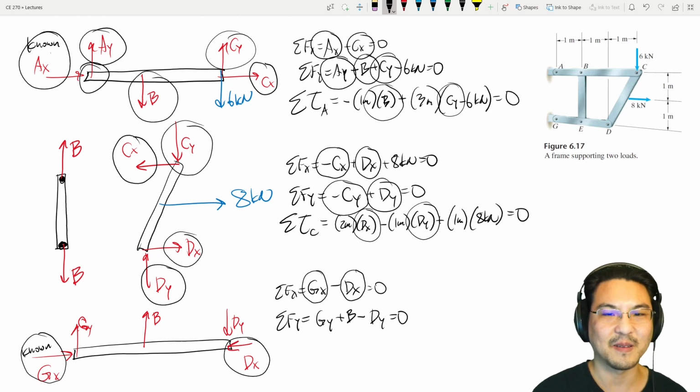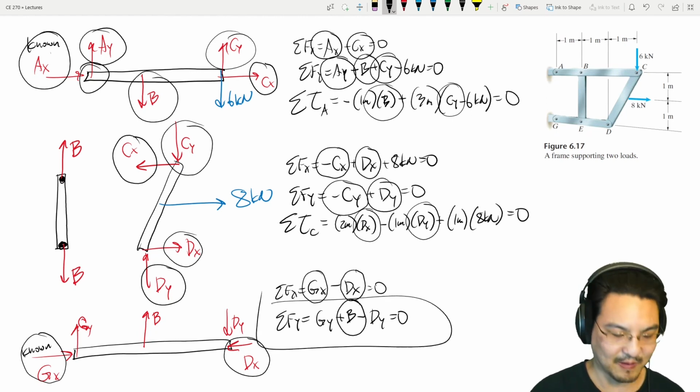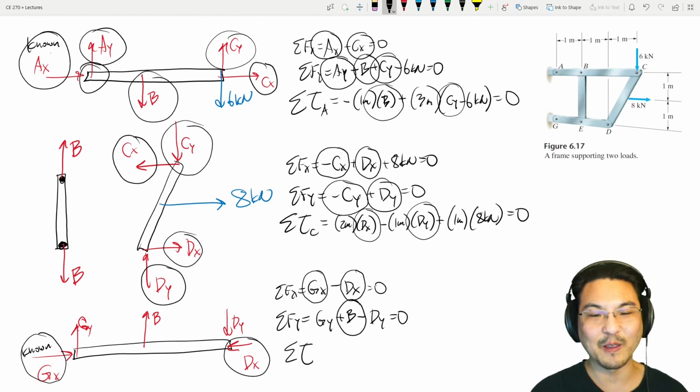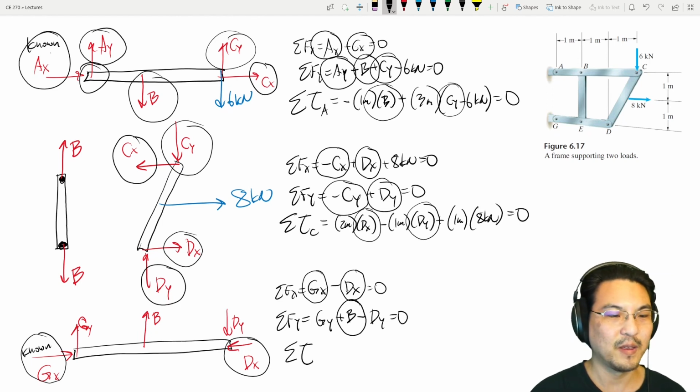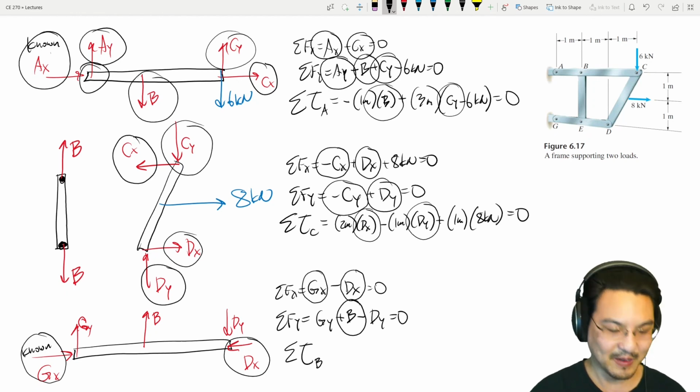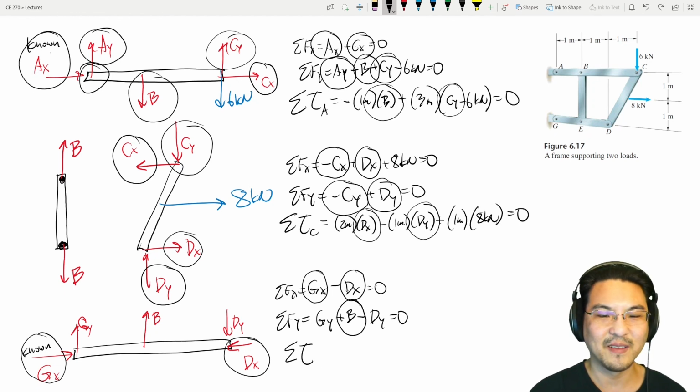Okay, and then let's get to the last member over here. We know B right here. So now we only have 2 unknowns left. So we just need to write one more equation for torque where we get rid of either gy or dy. So whichever one, let's say sum torque about G. I mean, as a counterexample, if we sum torque about point B, then both gy and dy would still be unknowns. We can still solve, but then there'd be 2 equations, 2 unknowns. If we sum torque about point G, then let me just write that out.